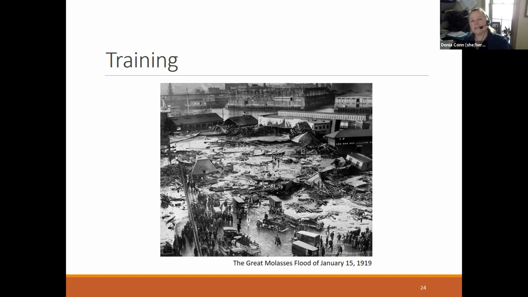But then you need to do training to ensure that you actually know how to respond to a disaster and use your disaster plan. So one of the things that I like to recommend is that your core disaster response team that you're setting up as part of your planning gets together once a month, and you sit down and you have lunch together and you do a little tabletop scenario.